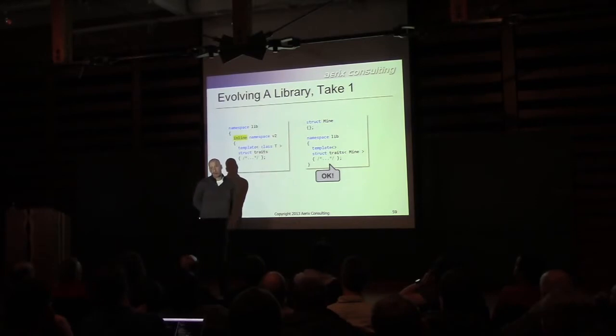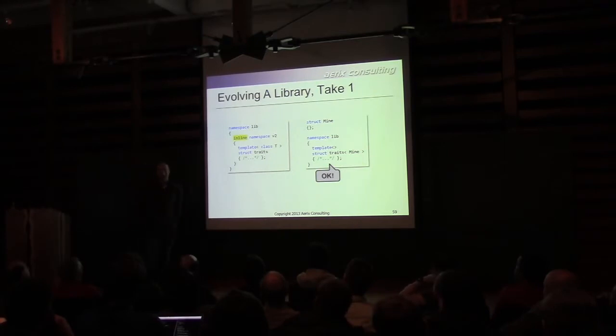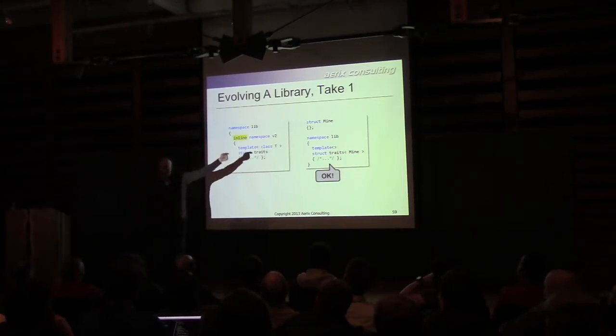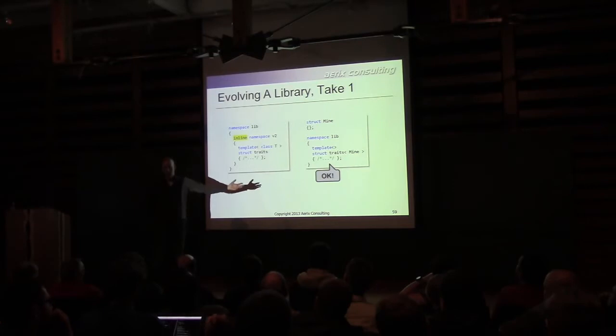So it is a problem for your consumers, and I've thought of this problem, and there might be hackish fixes. You could use the preprocessor to select which namespace is inline or not, and you could tell your clients, if you're still stuck on v1, define this, and you will get all of v1 in the inline namespace. Otherwise, you'll get v2.